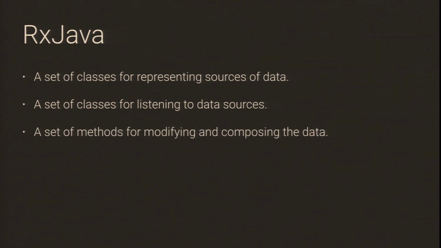And then there are these primitives, these methods, which allow you to modify and compose the data in some way. So combining and splitting sources, transforming the data from foo to bar, et cetera. These are the three main areas of the library, the three main things you need to understand in order to use it effectively. The first two are very related, so we're going to look at those together.